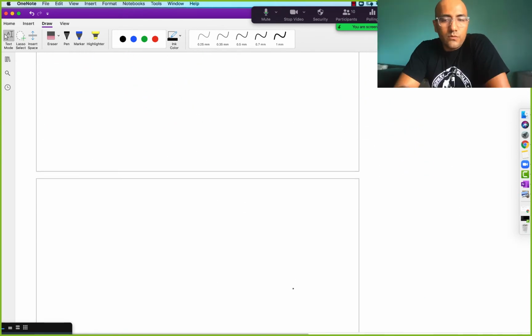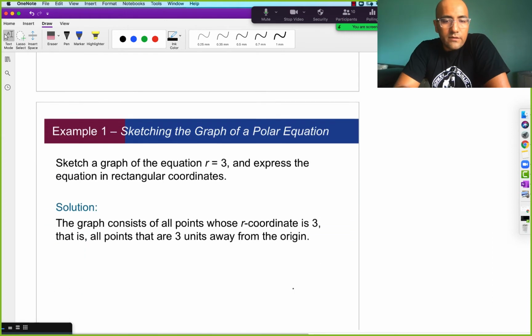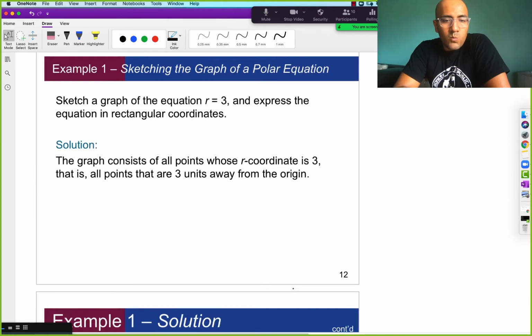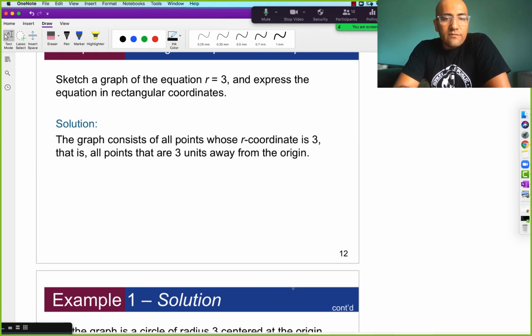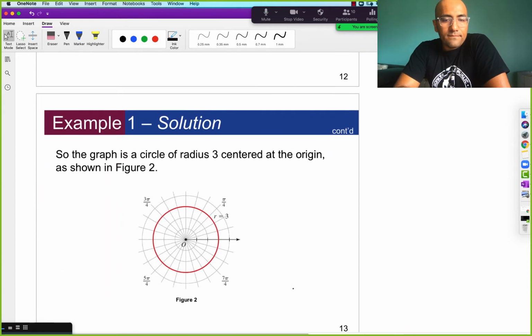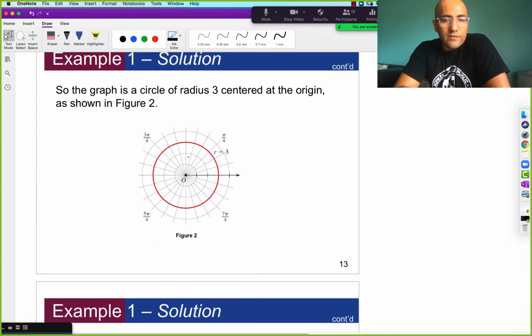No? Let's see what the author did here. The graph consists of all points whose r-coordinate is 3, that is, all points that are 3 units away from the origin. Okay, so there's a prettier picture of what I did. It's a nice circle. Notice that for any angle, we create a ray, and then we travel 1, 2, 3 units along that ray.